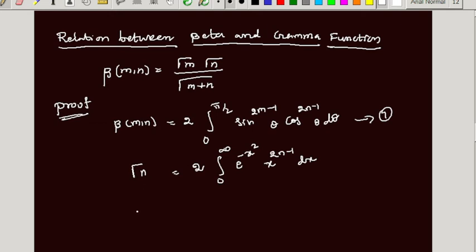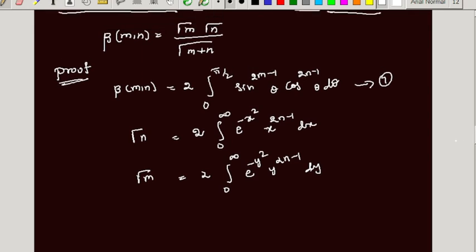And for gamma m, we change the variable and write it as 2 times integration 0 to infinity e power minus y square into y power 2m minus 1 dy. So gamma m into gamma n is there in the numerator. We multiply gamma m into gamma n, so 2 twos are 4.